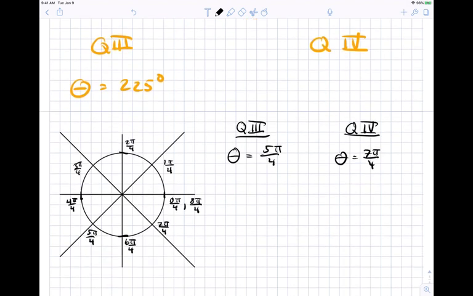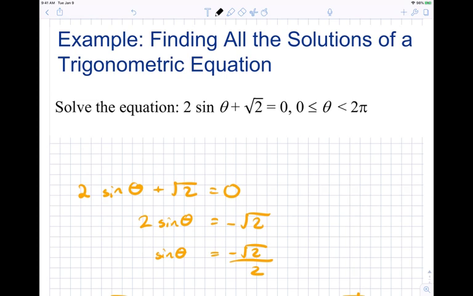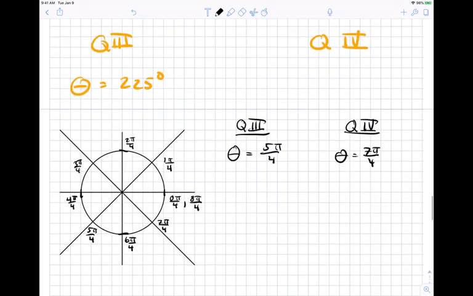But then sine repeats how often? Every 360. What did the instructions say? Solve this equation. So we want all the solutions from 0 to 360. If we want a general formula, this is going to be 5 pi over 4 plus, we want to capture all the revolutions, right?